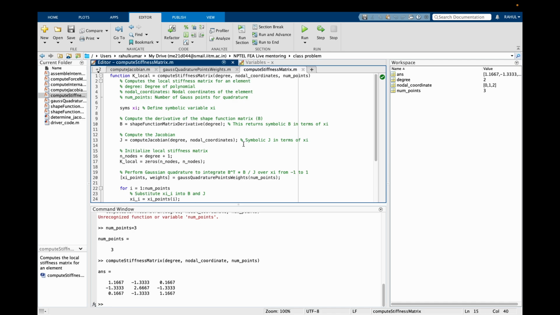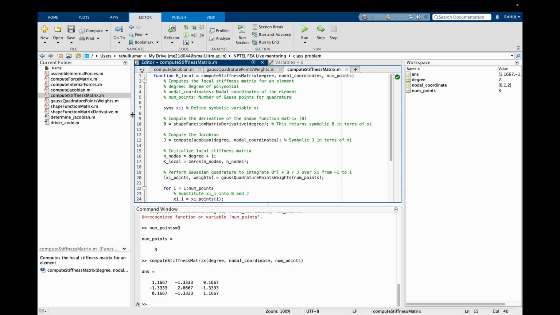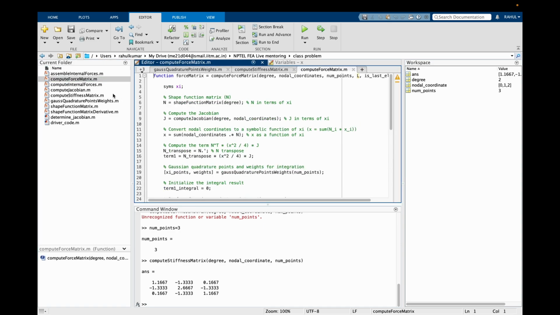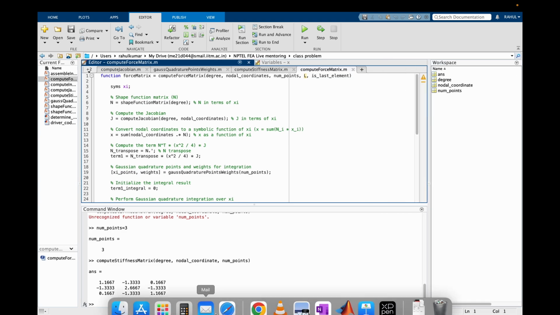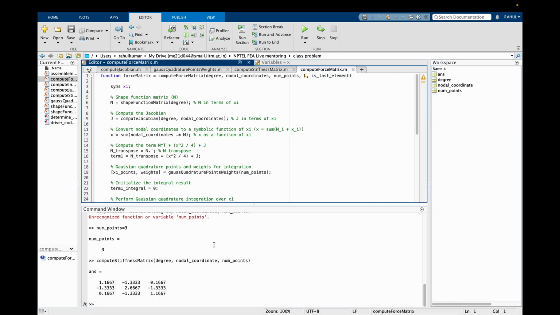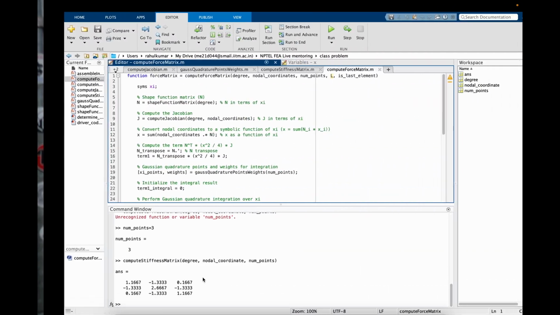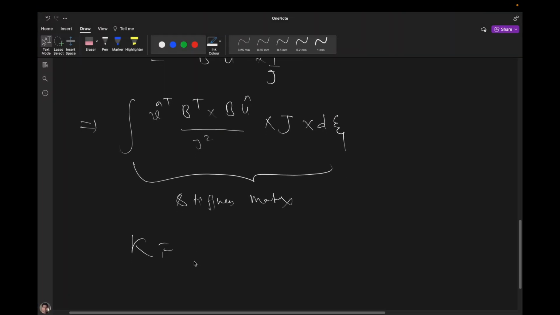This stiffness matrix is very easy to compute, but the main challenge is to calculate the force matrix, because there we also have to impose the boundary condition, and there is an integrand term. Till now, is there any doubt, tell me? No, sir. Okay, now we will move to the force matrix.